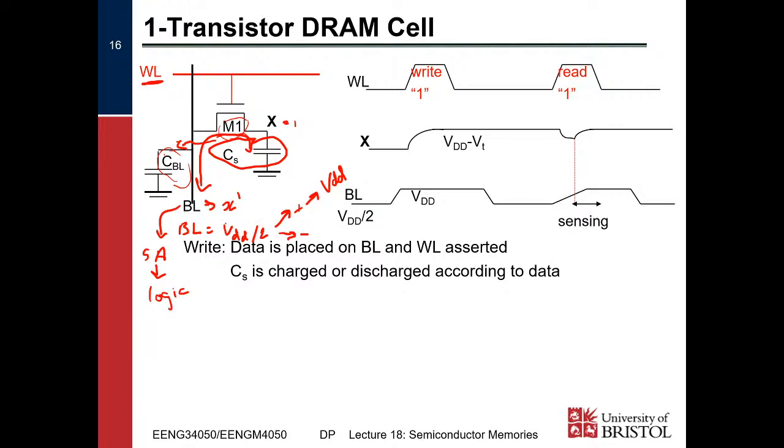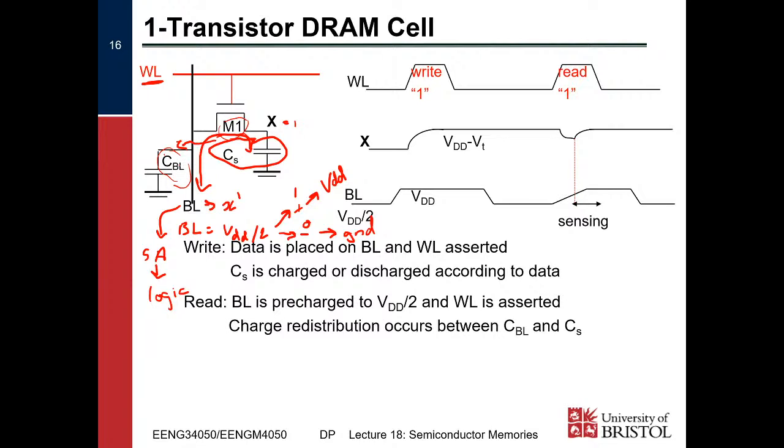If we see that the voltage at BL starts to drop, then we know that we were storing a 0 in X, and so we force a ground onto the bit line to fully discharge CS, which has had charge redistributed to it from CBL.